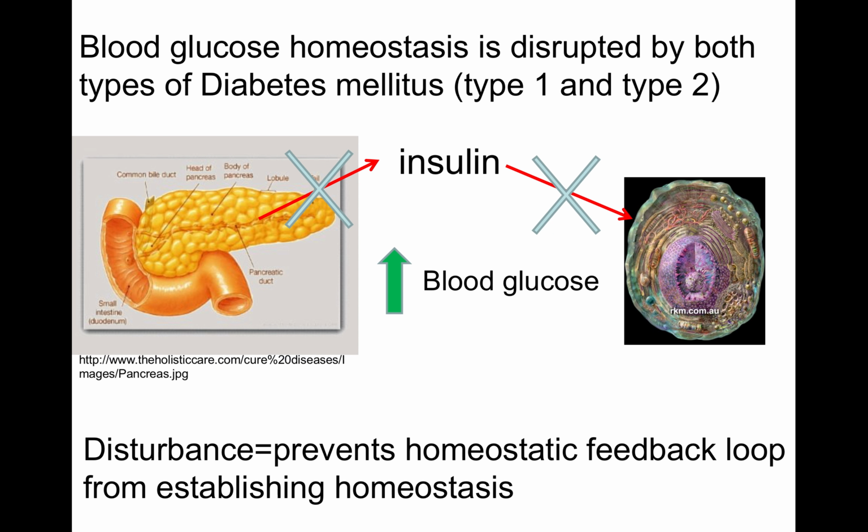However, the effectors are insensitive to the output. In both of these scenarios, your blood glucose will increase, and that's basically describing the lack of negative feedback loop that causes the disease called diabetes.